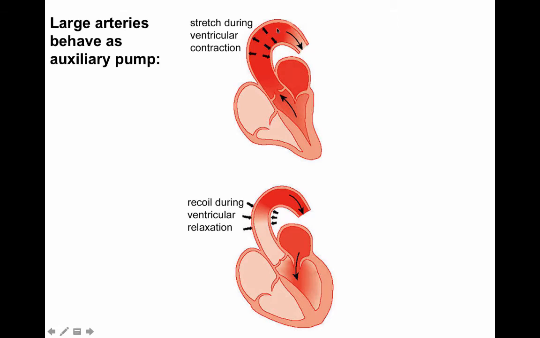Its additional layers of smooth muscle help it receive the initial push of systolic blood out of the left ventricle, and as it expands, the artery has a contraction of its own that will actually continue to help push blood out of it. So it is considered to be a recoil during ventricular relaxation that keeps pushing more blood beyond it. So we have less backflow, and we also have more push into the body.